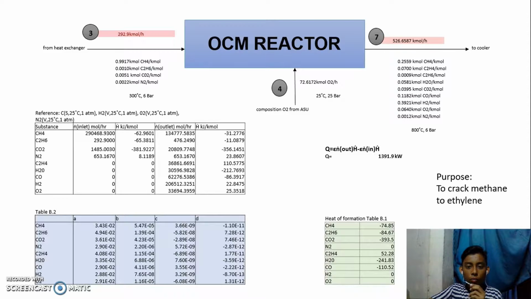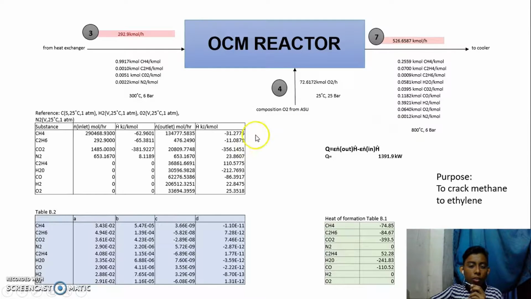After that, the OCM reactor. The purpose we put the OCM reactor is to crack methane to ethylene. For the OCM reactor, the inlet temperature is 300 degrees Celsius and 6 bar. The pressure is the same at inlet and outlet, but the temperature increases to 800 degrees Celsius.